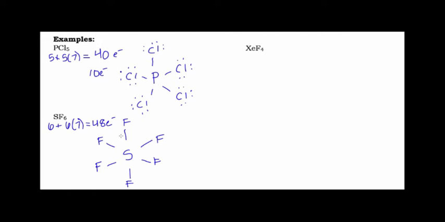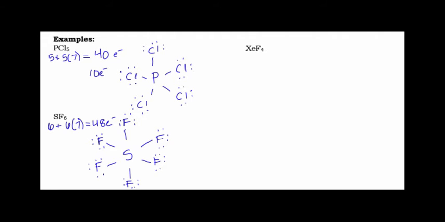So we've used up 2, 4, 6, 8, 10, 12, 14, 16, 18, 20, 22, 24, 26, 28, 30, 32, 34, 36, 38, 40, 42, 44, 46, 48, and you're all done. Sulfur has expanded valence.